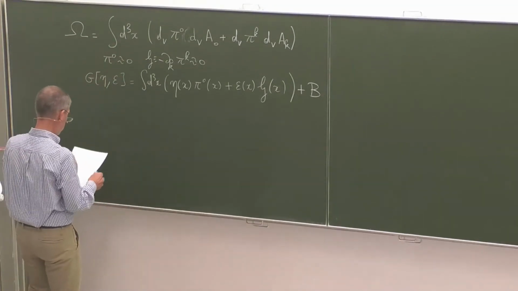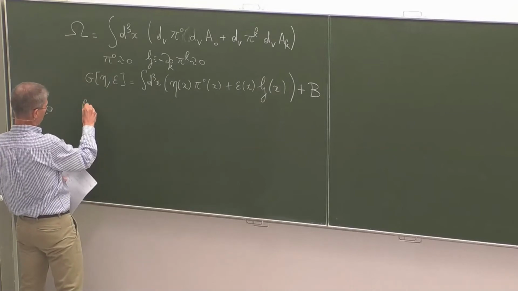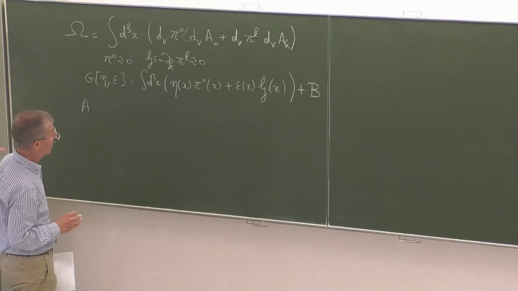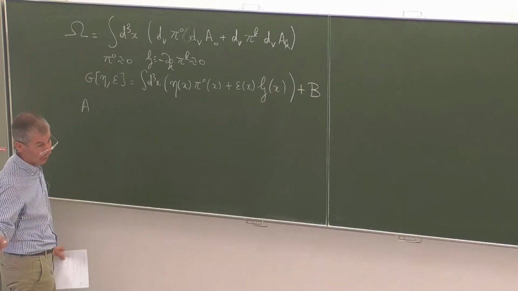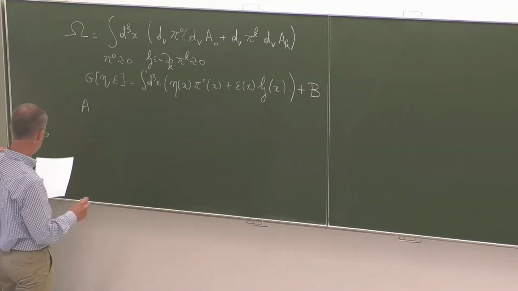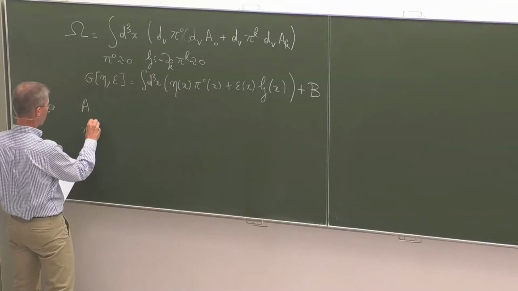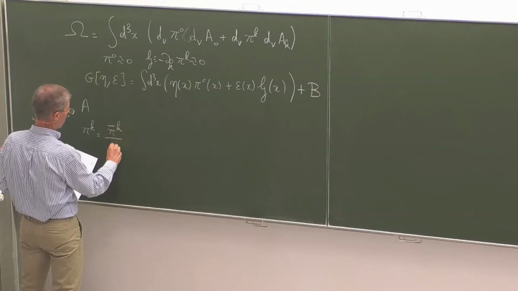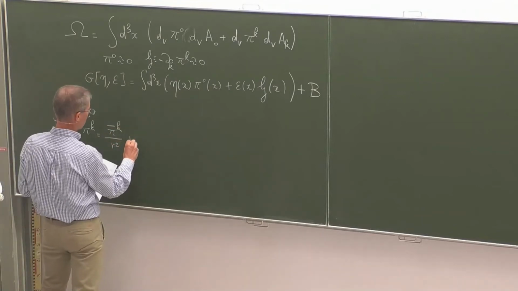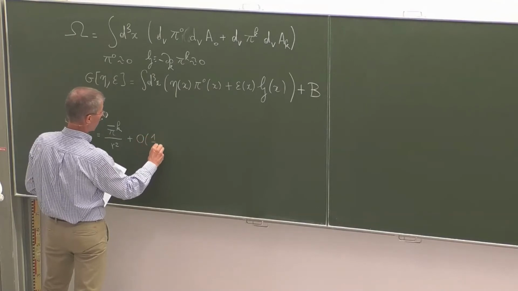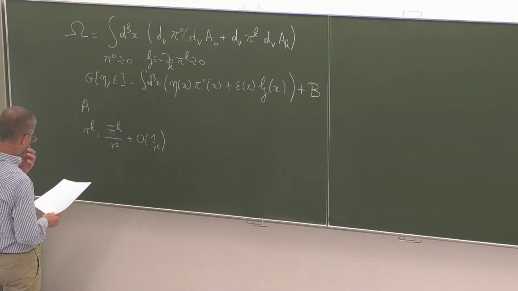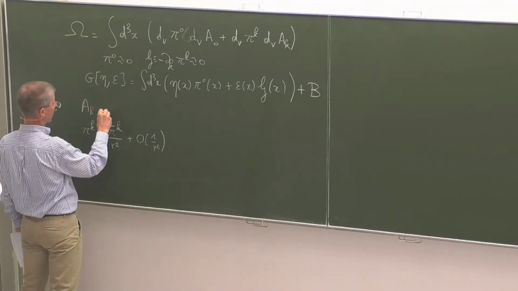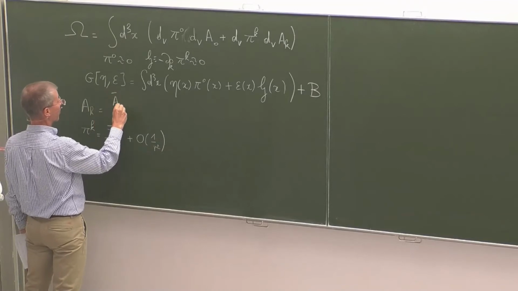Now, I'm in 4 dimensions, so 3 spatial dimensions. I know that the electric field goes as 1 over r squared for interesting solutions. So I will allow the electric field to go like 1 over r squared, and I will write things like that. And then the magnetic field, I will also assume that it goes as 1 over r squared, which means that the vector potential I will take to go like 1 over r.